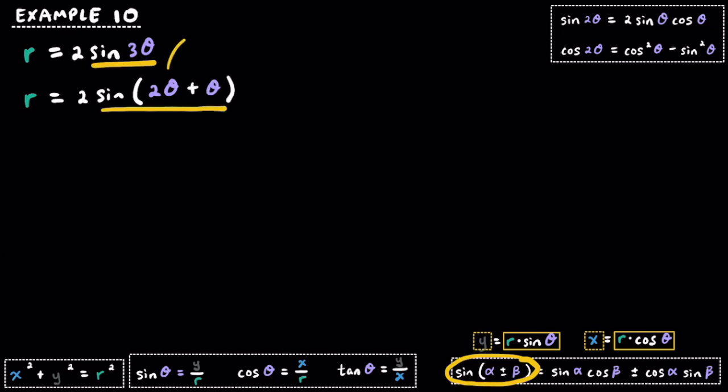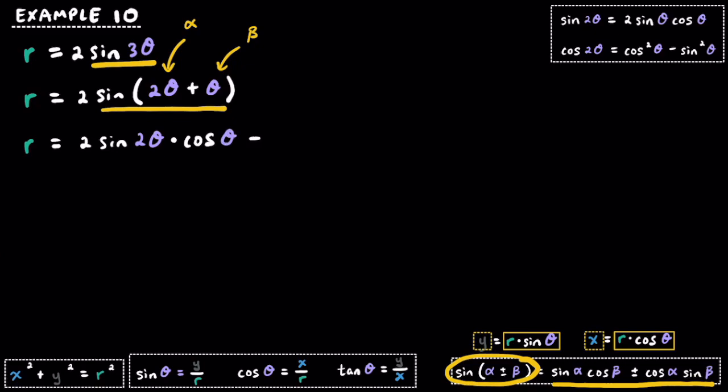So we've separated it into a sum, and we can call this 2 theta our alpha, and we can call this single theta our beta. If we take a look at our formula down here, we can then use our sum formula. Using our sum formula, we can write r is equal to 2 times sine of alpha, which we said was 2 theta, multiplied by cosine of beta, which we said was just theta.